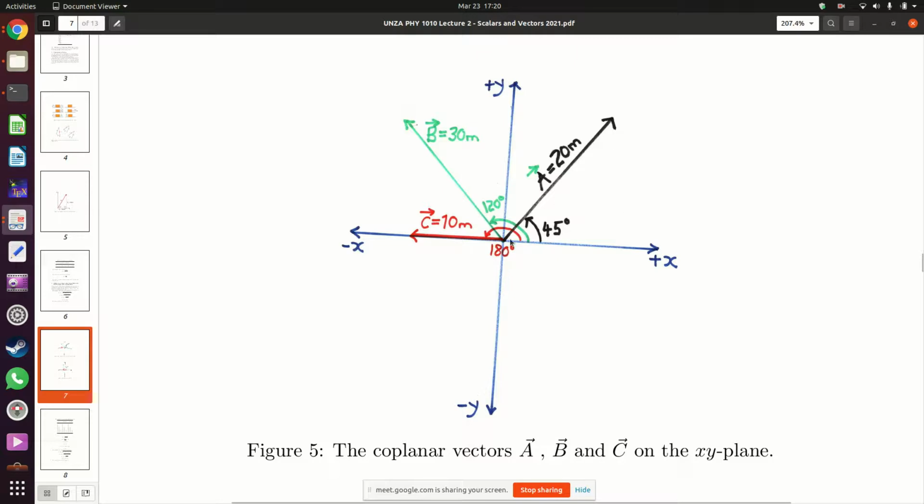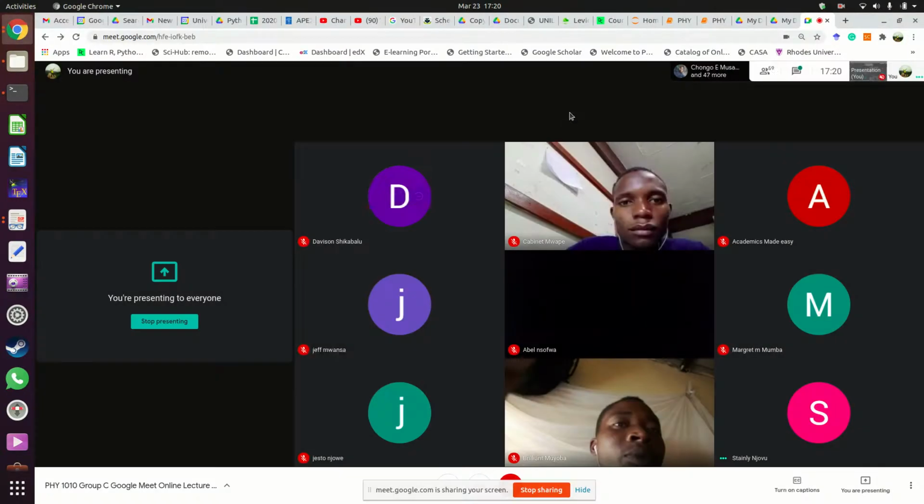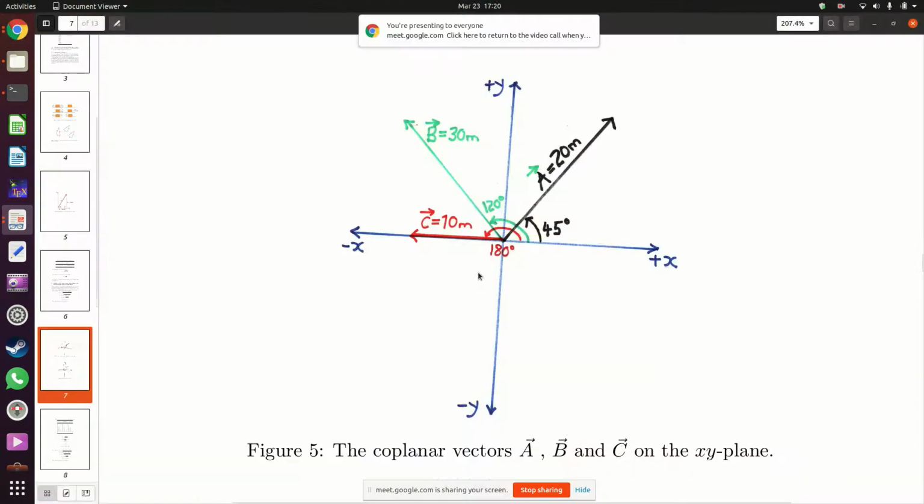So we have got vector A, this black line. The size of vector A is 20 meters, and the angle it makes with the positive x-axis is 45 degrees. Then we have vector B. The size of vector B is 30 meters. These are displacements, and the angle it makes is 120 degrees.